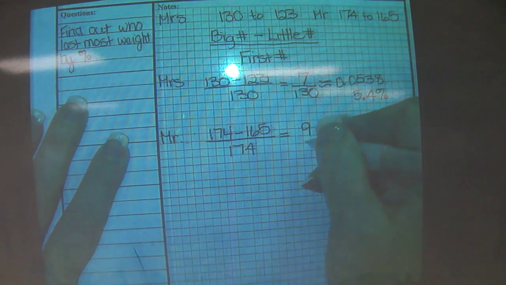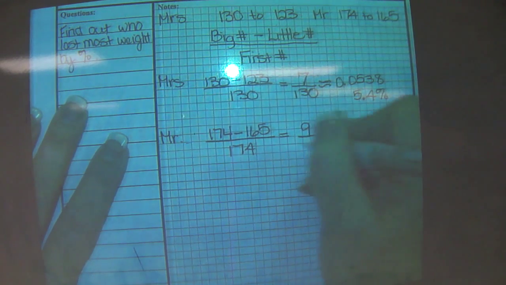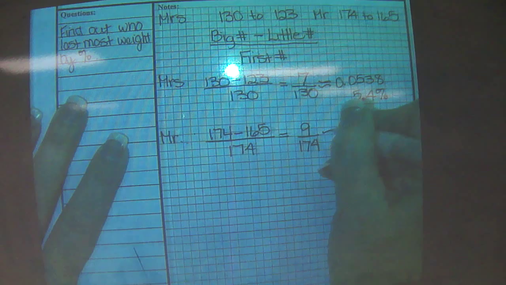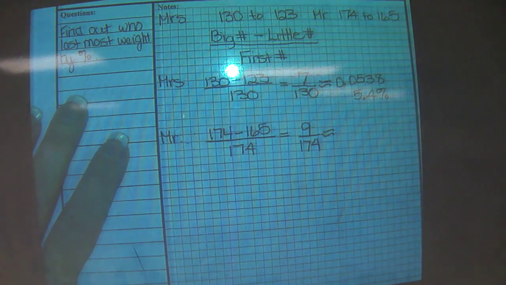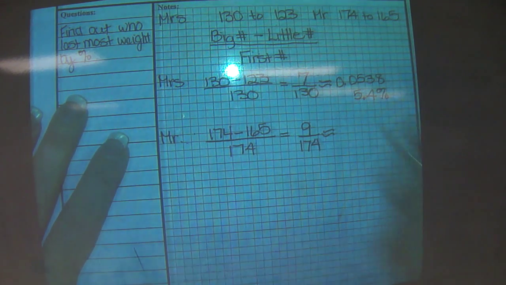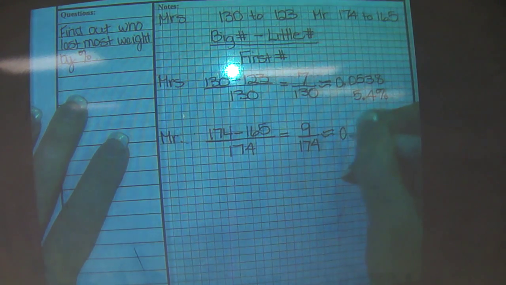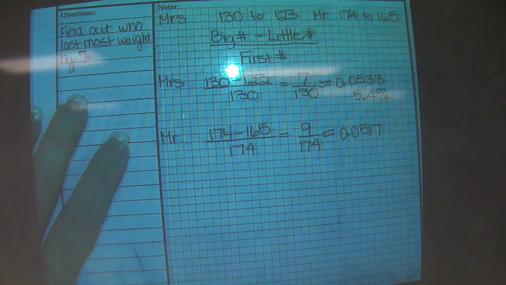Well, we don't know, because we do it by percentage. Okay, and let's see what that is approximately. So, big minus little, 9 divided by 174, and I'm cheating and using my calculator. 0.0517.